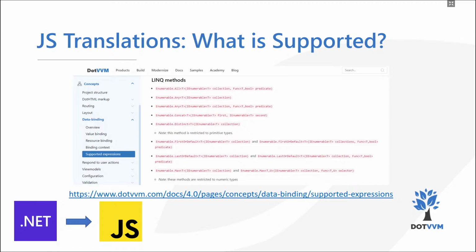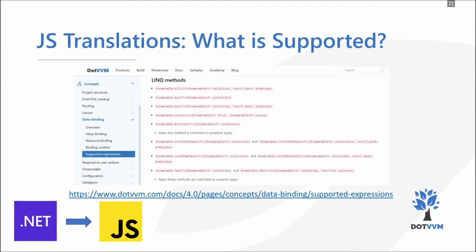So if you are wondering what methods can you actually use, feel free to check out our documentation. There is an exhaustive list of many methods that is growing almost every .VVM version, because lately we've been adding so many.